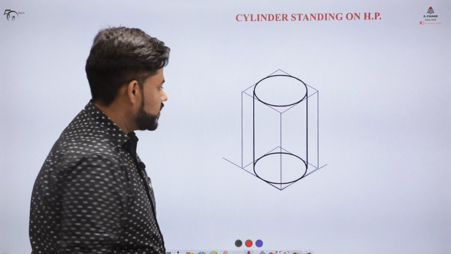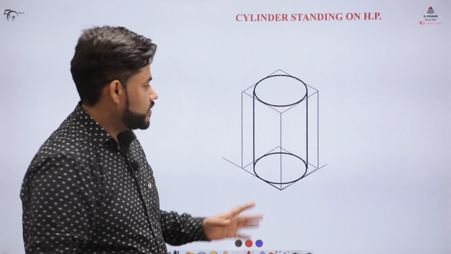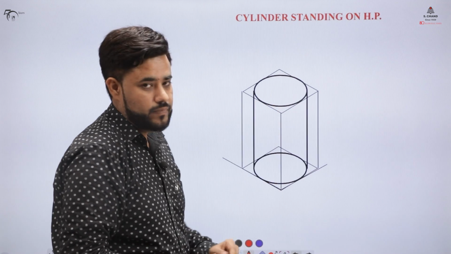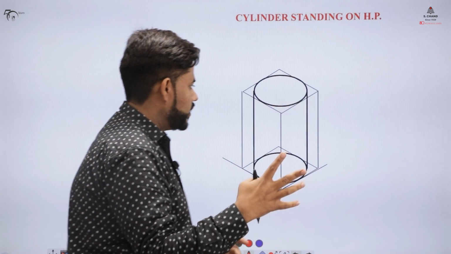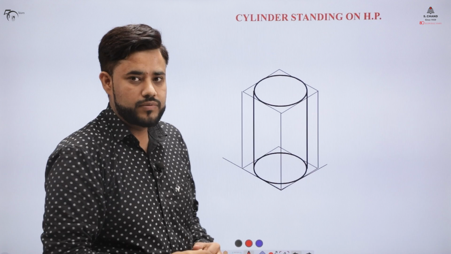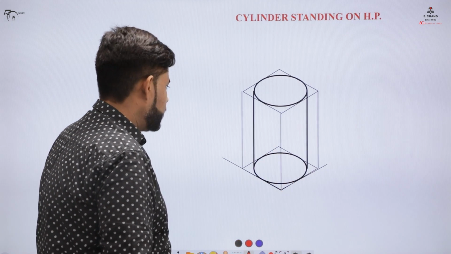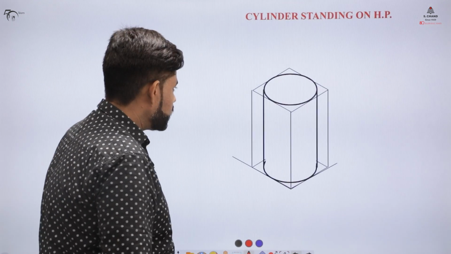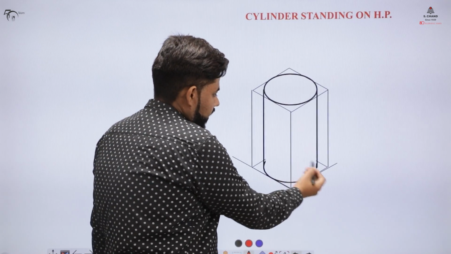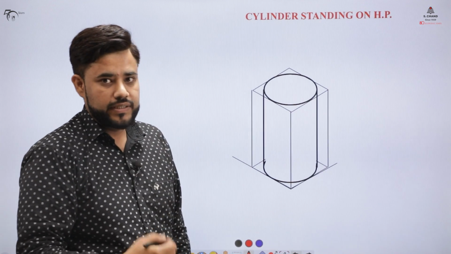Now one part of this object should be hidden. Whenever an observer looks at the 3D object, some part of the object seems hidden. So what is to be done? We need to erase that part so that it appears hidden.